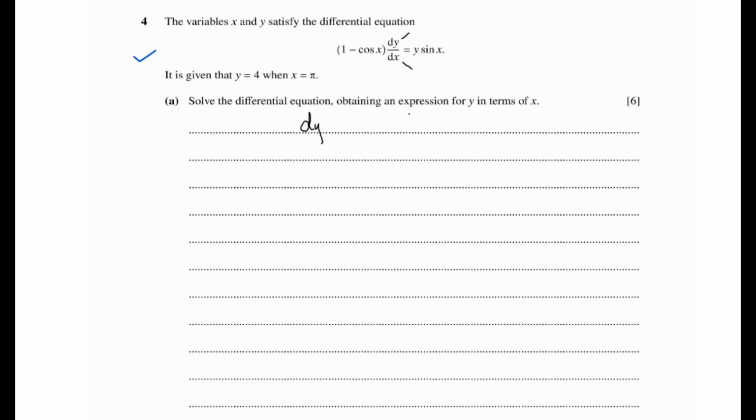And then if I put all the x terms on the right using algebra, it would be 1 by cos x with a sin x on top over here. And then the y would be down here in the denominator.